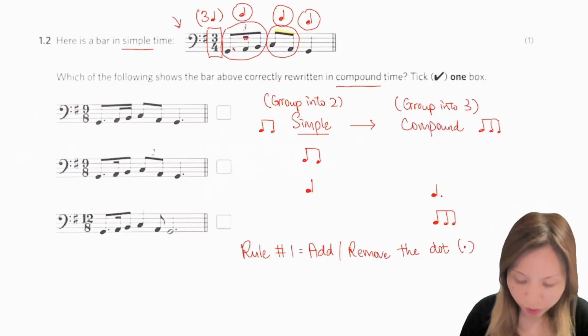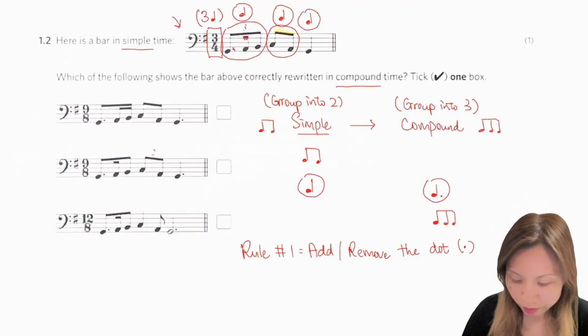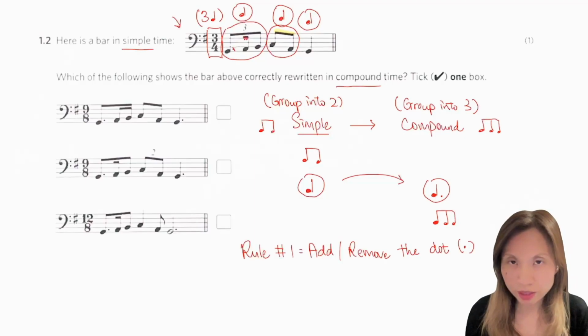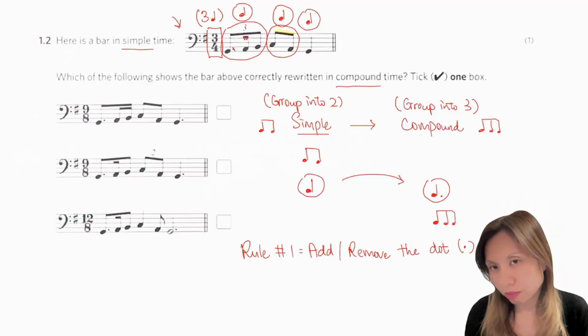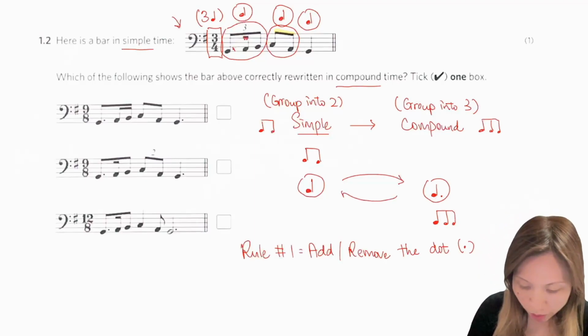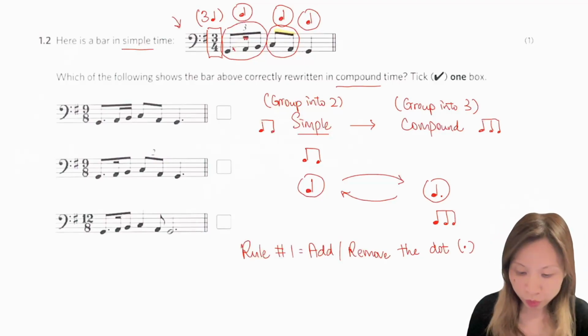Now, for example, if you are going from simple time to compound time, you see how you need to add the dot now, because from group of 2, it's now become group of 3. Or if you are going from compound time to simple time, you have to take away the dot because now the beats are grouped into 2 instead of 3. So that will be rule number 1.